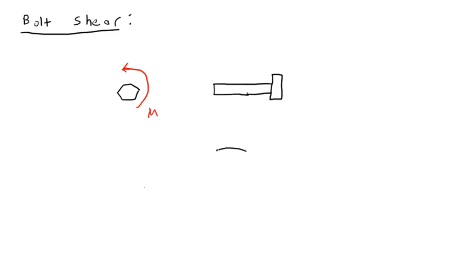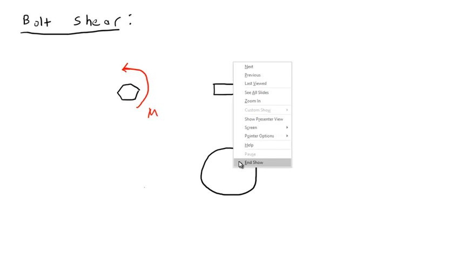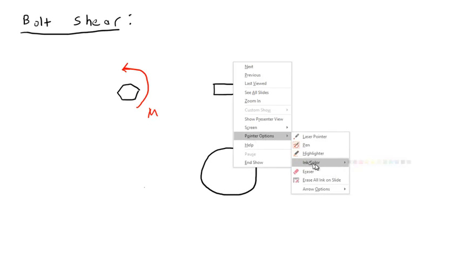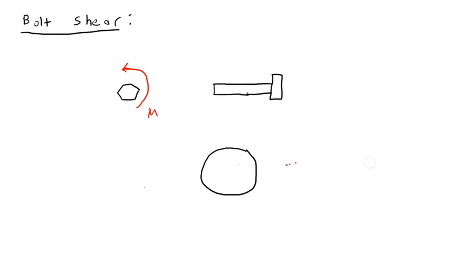If I look at a circular cross section, so yes, this isn't really static, but that's okay. You'll actually have a stress distribution that is large on the outside of the bolt and decreases as you get toward the center.